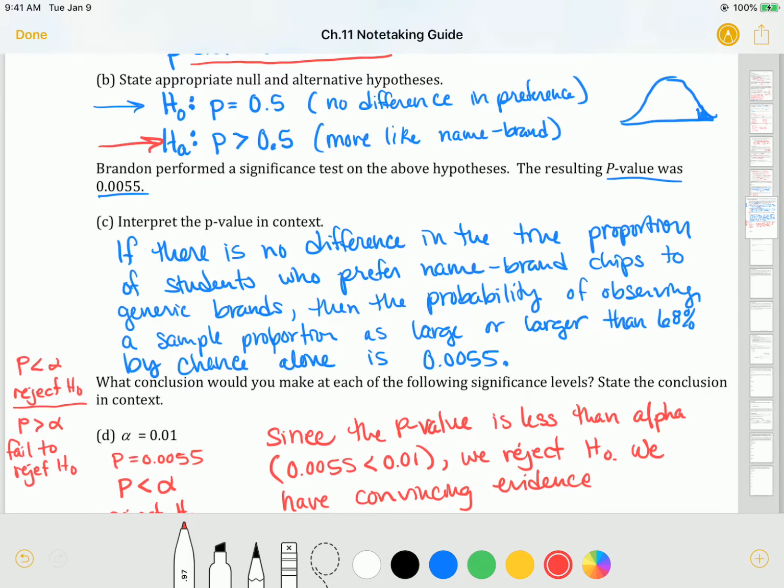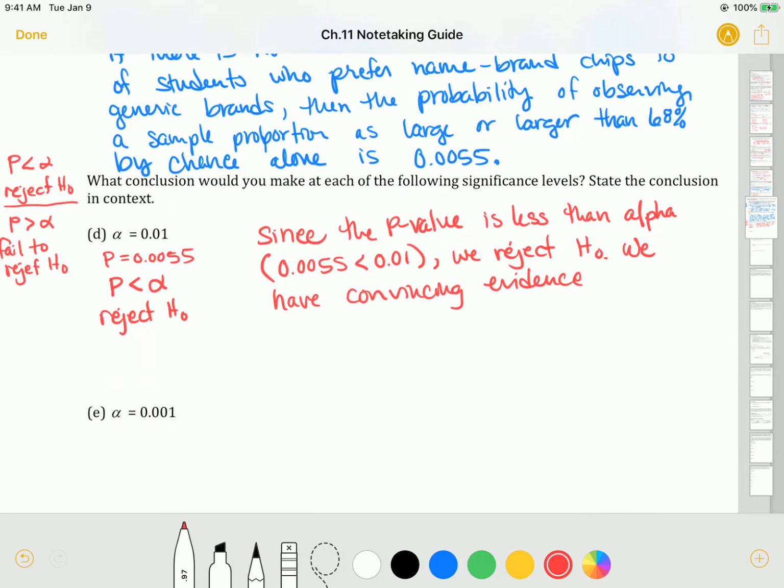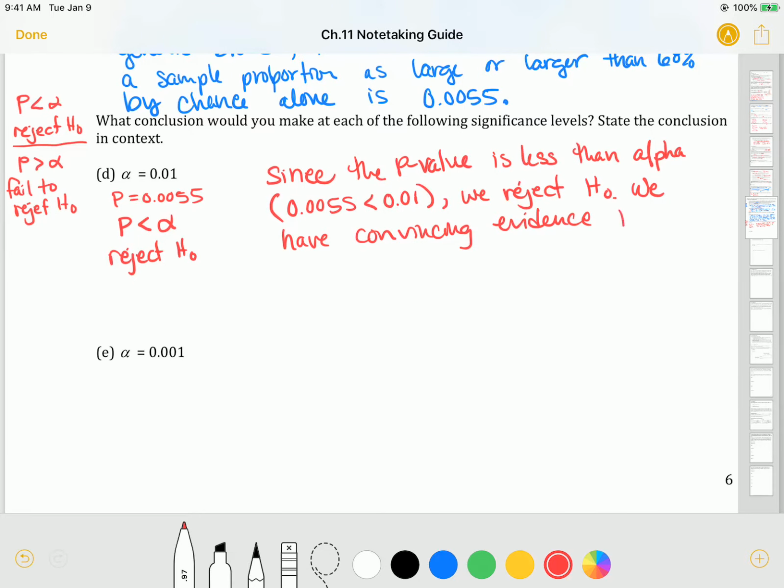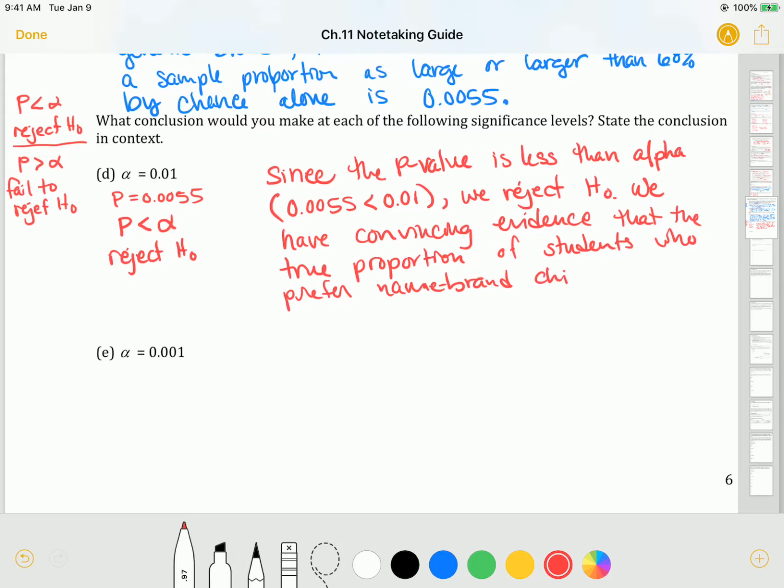HA is that more like name brand. Okay, so we have convincing evidence that the true proportion of students who prefer name brand chips over generic brands is more than 0.5.